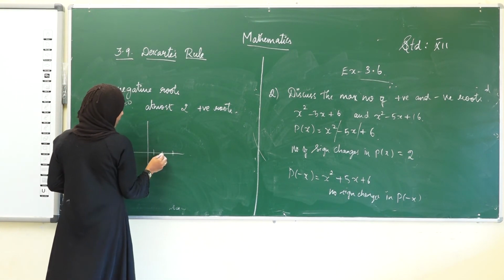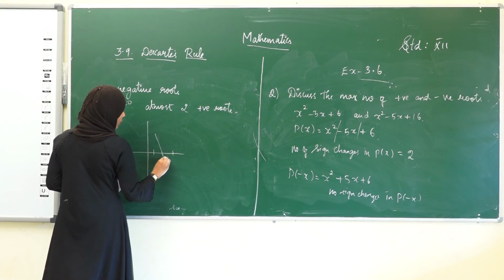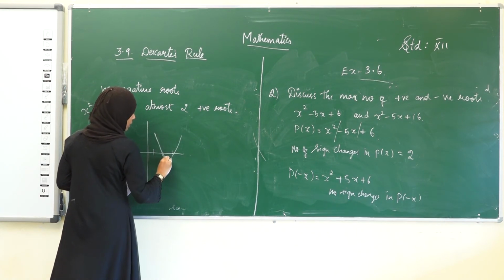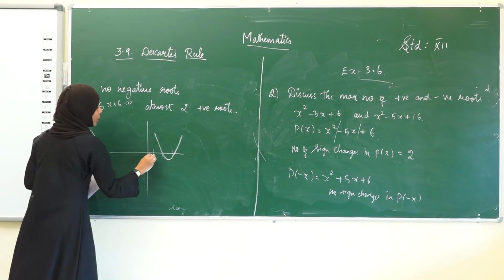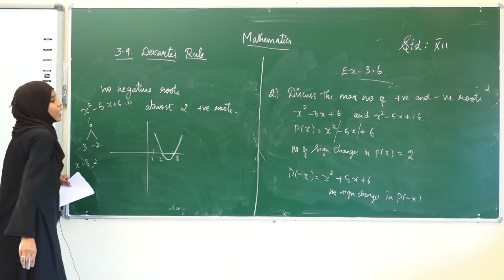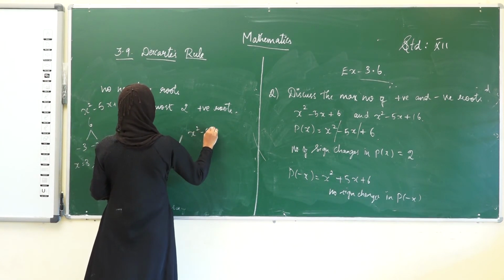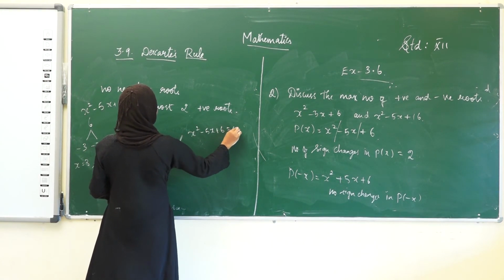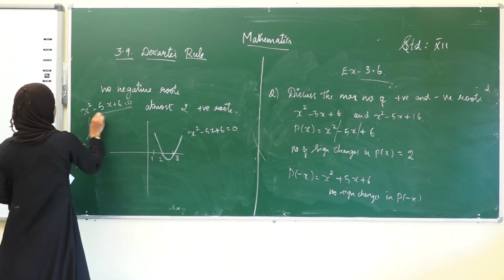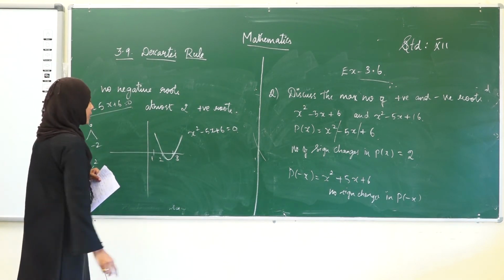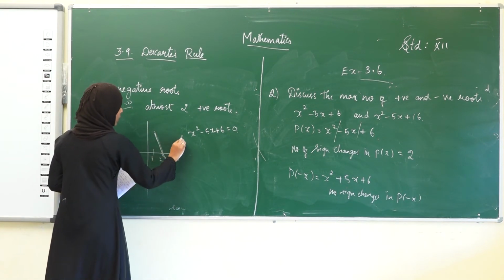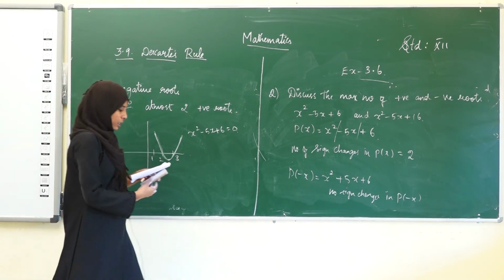Here it is 3 and here it is 2. The diagram will be like this. We clearly see that this is the equation of a parabola, so the parabolic diagram will be like this. Okay.